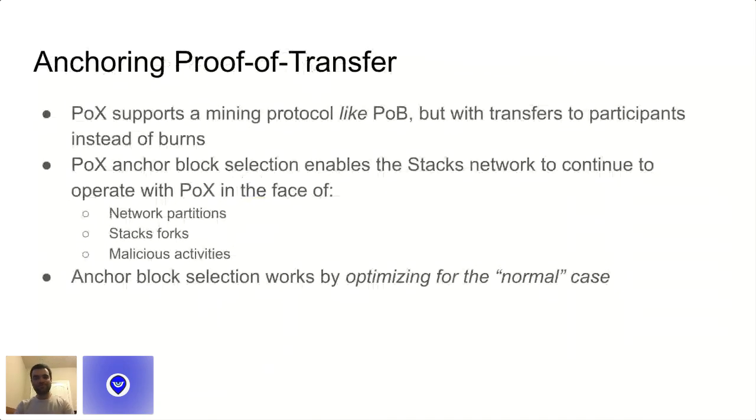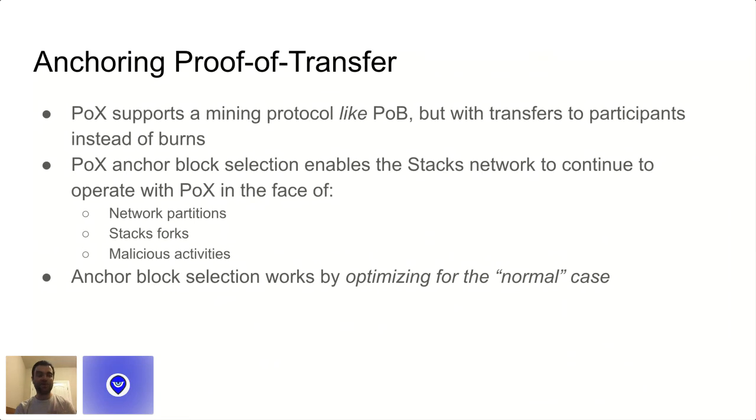Okay, so to summarize what's going on here, proof of transfer is a mining protocol that supports a system like proof of burn, right? It supports a forkable blockchain built on top of an underlying burn chain, with the key difference being that proof of transfer allows miners to transfer their funds to participants rather than burning those same funds.